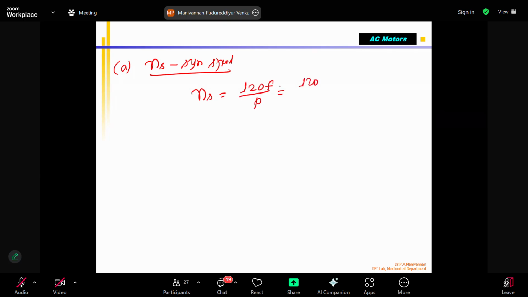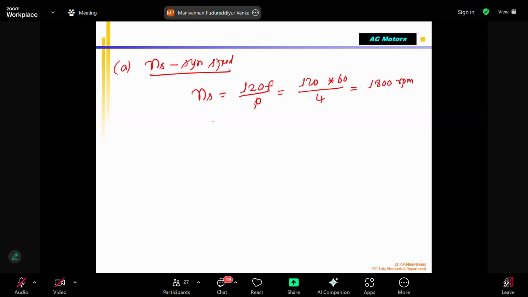For this problem, f is given as 60 hertz because being American the power supply. And they say it is a 4-pole motor, correct? So the speed is going to be 1800 RPM, correct? This is NS. This is the rotating magnetic field speed, not the rotor speed.